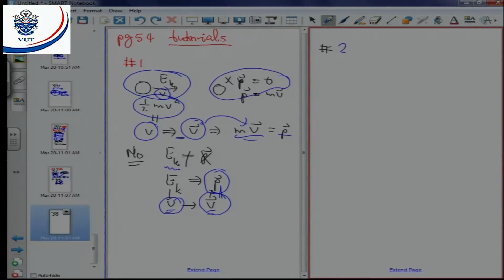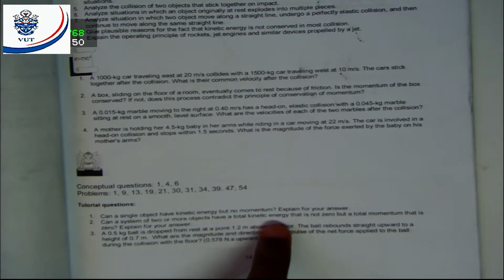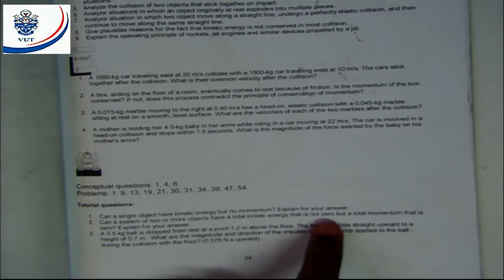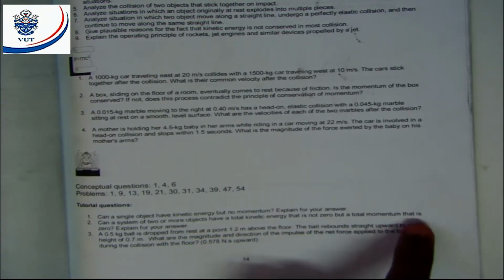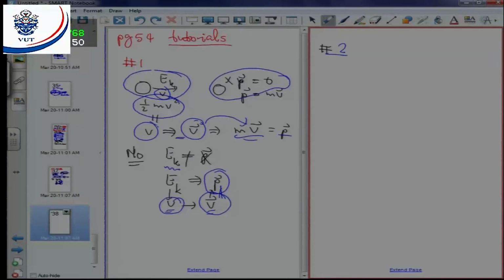Then now number two. So let's read the number two. Number two says, can a system of two or more objects have a total kinetic energy that is non-zero, but a total momentum that is zero? And explain your answer. Here for number two, we no longer have one object, we have more than one.